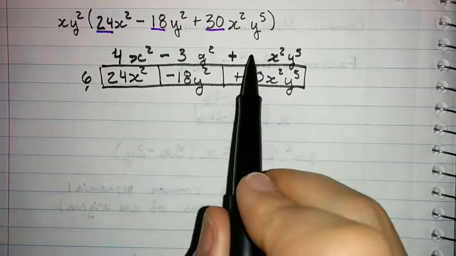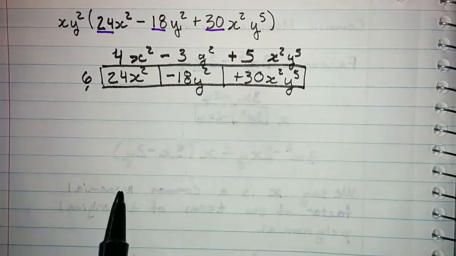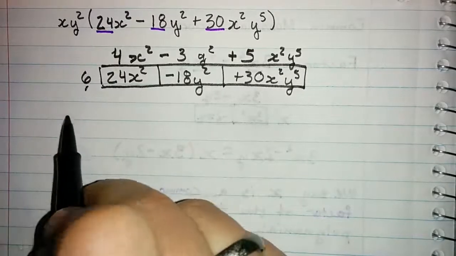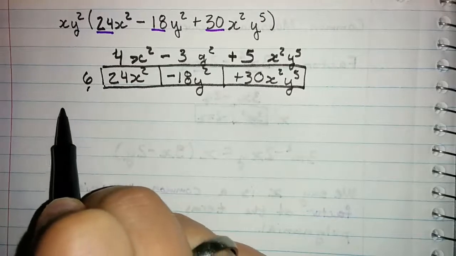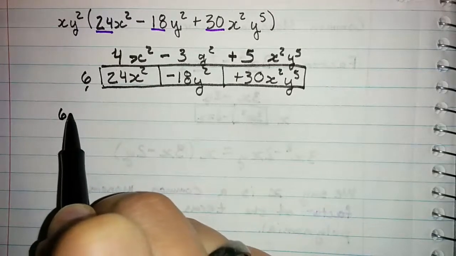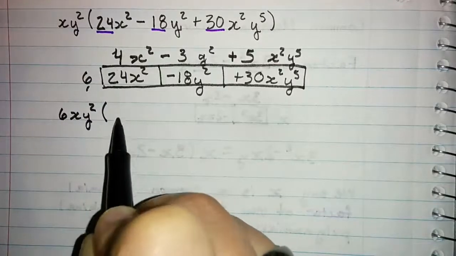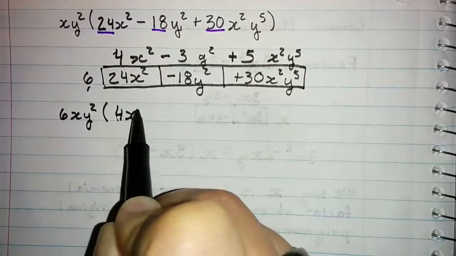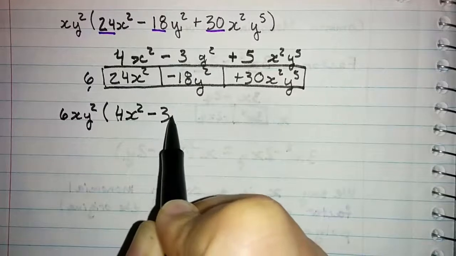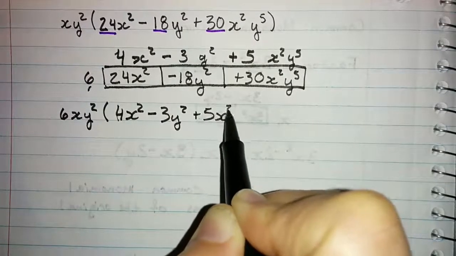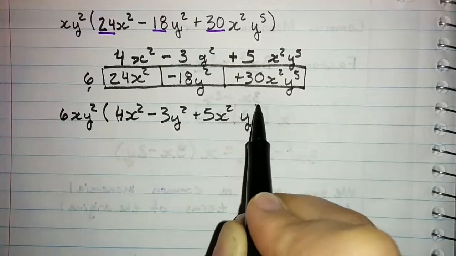What times 6 gives me 30? 5 times 6 gives me 30. So my factored form now is 6xy squared times 4x squared minus 3y squared plus 5x squared y to the 5th.